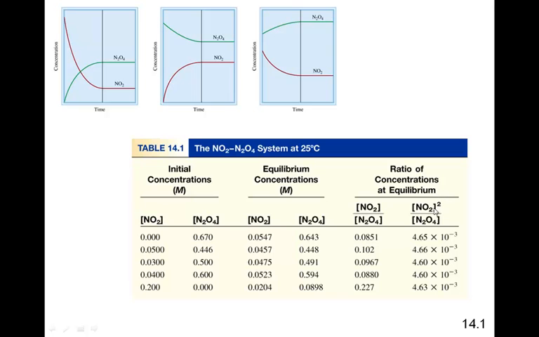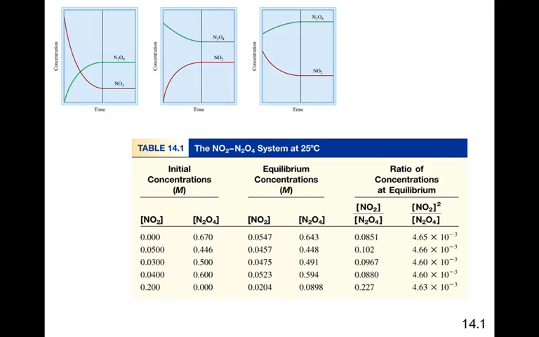In this case, though, we took the NO2 and raised it to the power of its coefficient. Remember these are the equilibrium concentrations, and this concentration is raised to the power of its coefficient, and this is raised to the power of its coefficient, and we see something interesting happens. Within experimental error, because again these are experimental data, we get the same value for the most part.